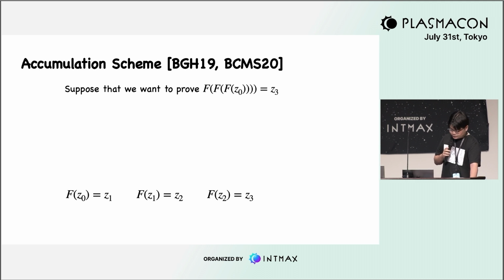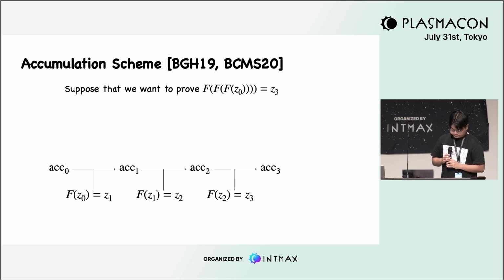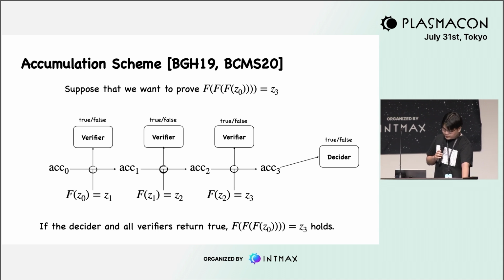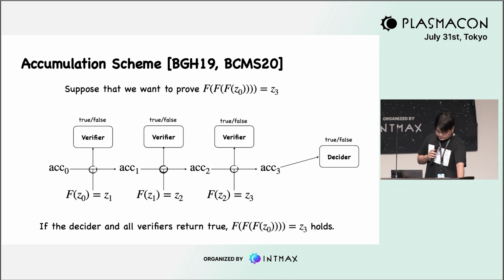In the accumulation scheme, by introducing an accumulator, it is possible to accumulate statements into the accumulator. So by verifying the final accumulator is correct, it can be guaranteed that all statements are correct. However, this alone is not sufficient.